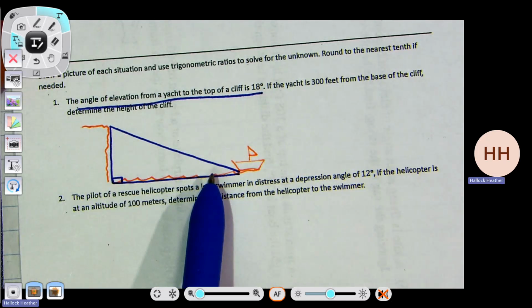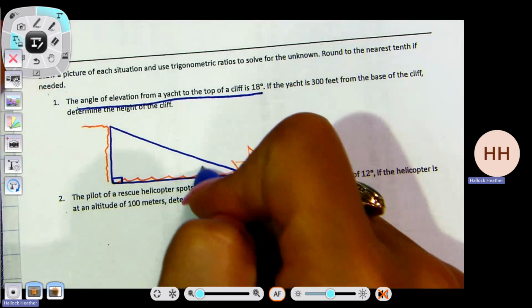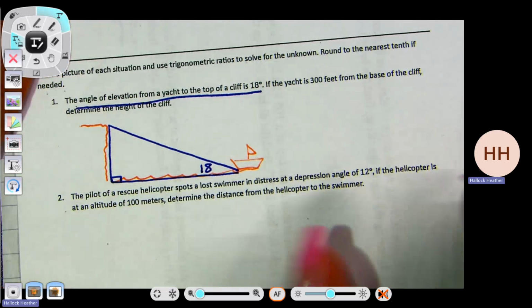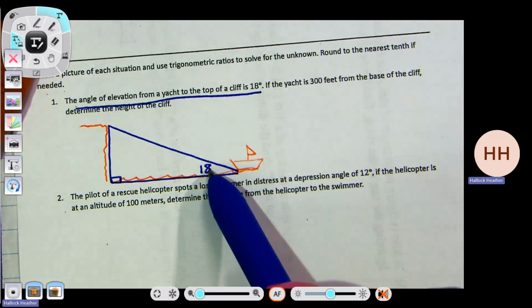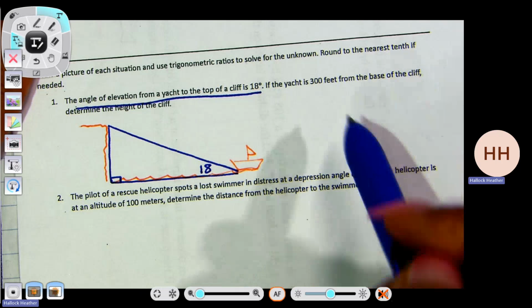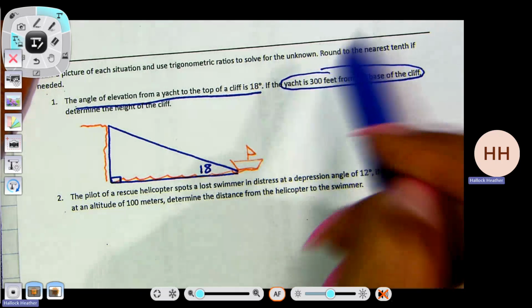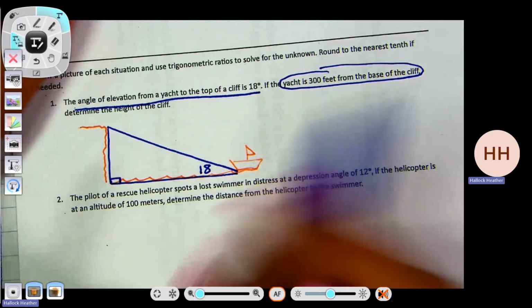It's at the bottom because you're on the yacht and you're looking up at the top of the cliff. So 18 is going to go here. Okay, good. Your degrees always go inside your triangle. If the yacht is 300 feet from the base of the cliff, where would 300 go? The base, because the boat is 300 feet from the base, meaning the bottom of the cliff. So 300 is going to go here.